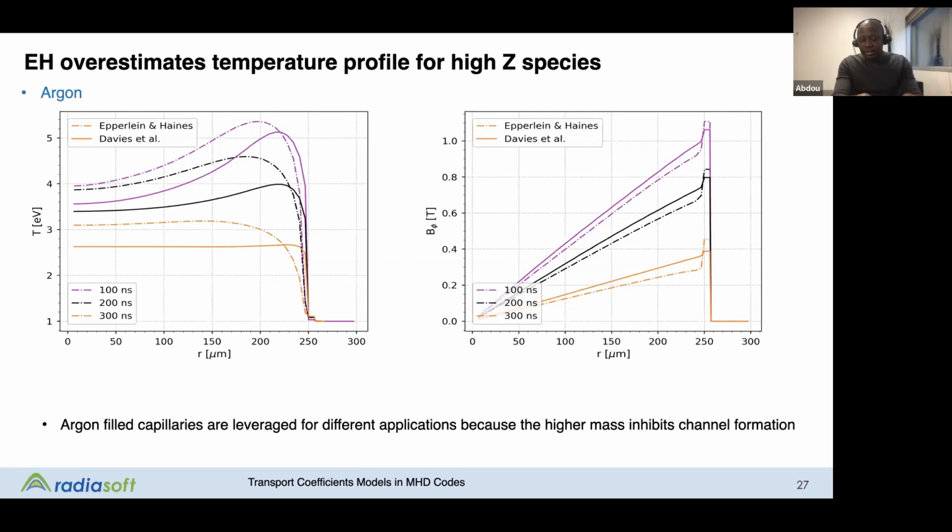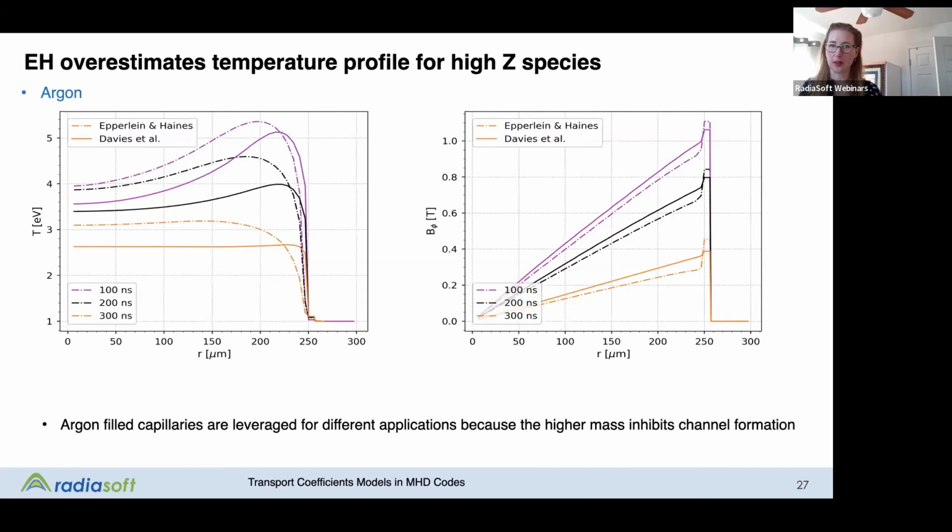So the physics is quite similar, but there is a delay in the time of the formation of the channel, and there is a difference in the amplitude of the temperature. For the magnetic field, the physics and amplitude are quite similar, but there are still differences.